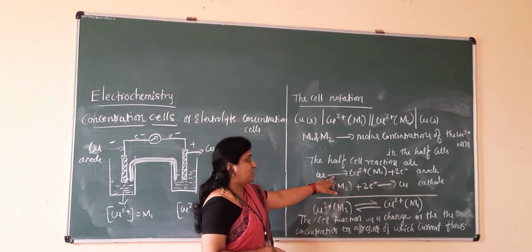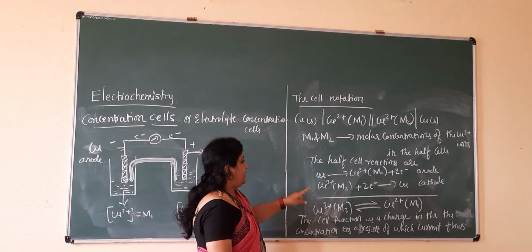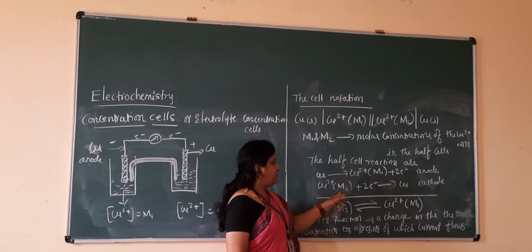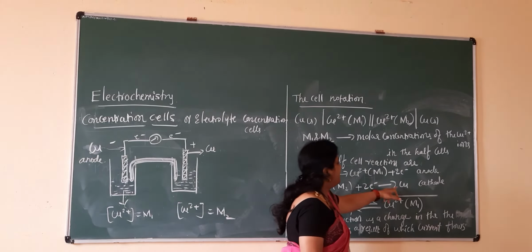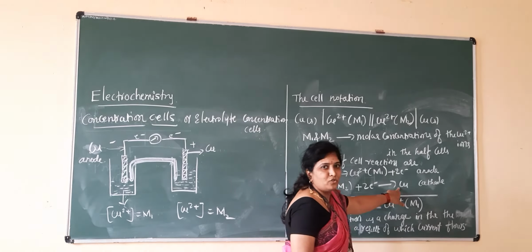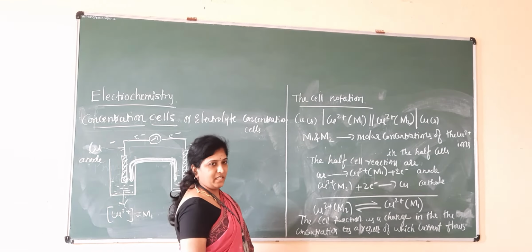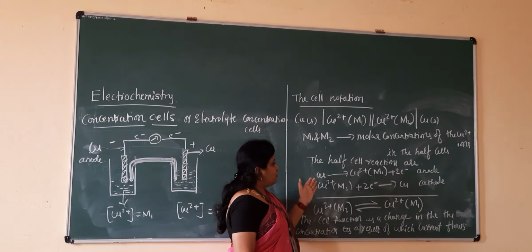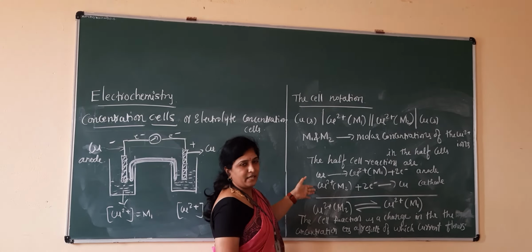Oxidation reaction takes place at the anode. And Cu2+ will accept those 2 electrons and will be reduced to copper. So that is the cathodic reaction. At the cathode, reduction reaction takes place.